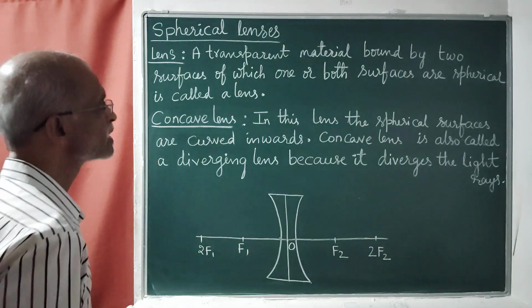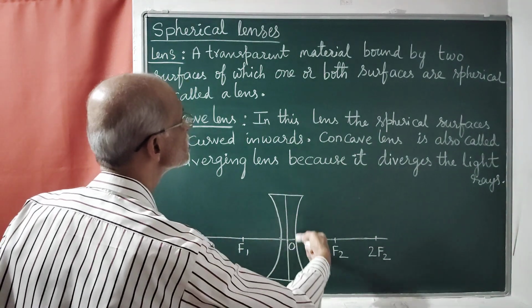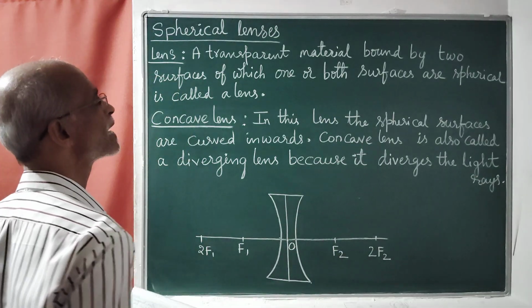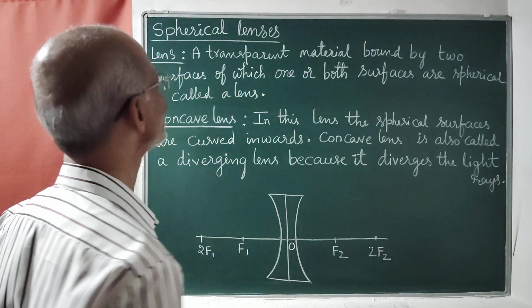In this, the spherical surfaces are curved inward. It's called a diverging lens because it diverges the light rays.